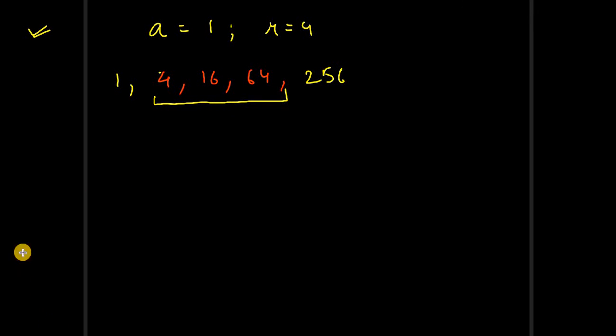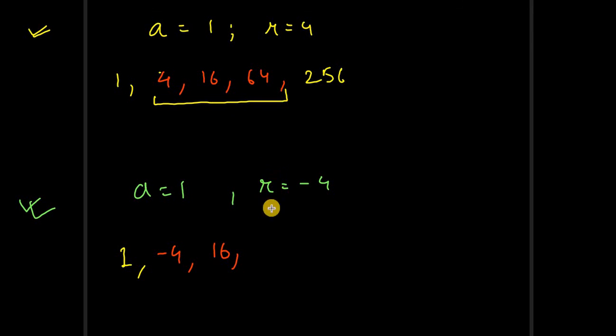Now when a is 1 and r is minus 4, the sequence will be something like this. 1 is the first term as usual, but the second term will be minus 4, because 1 into minus 4 is minus 4. Then minus 4 into minus 4 will be plus 16. Plus 16 into minus 4 will be minus 64.